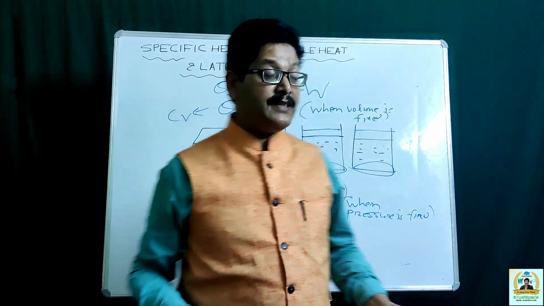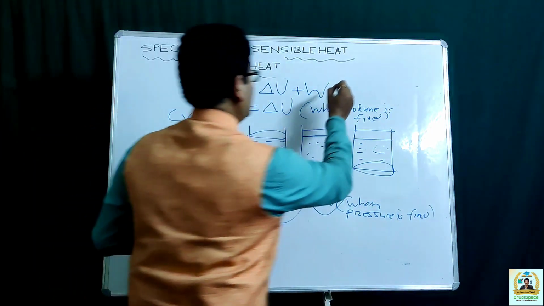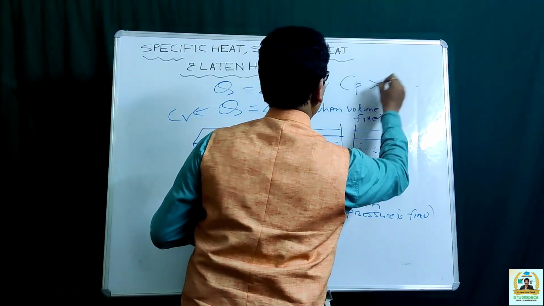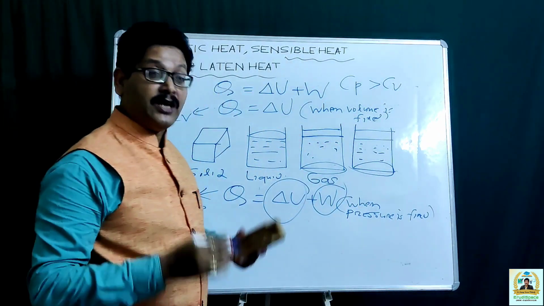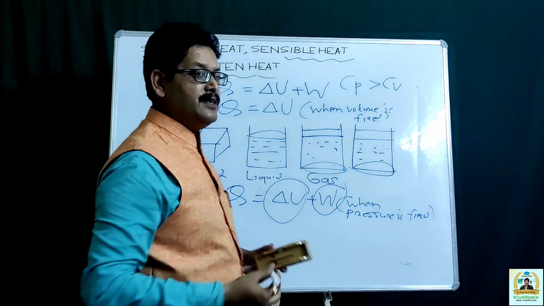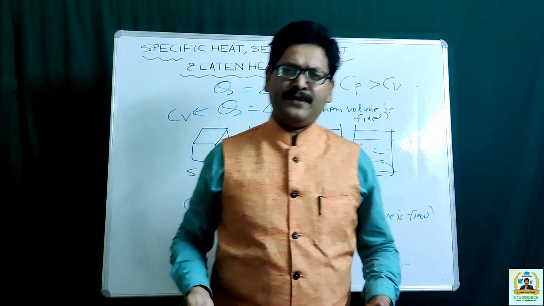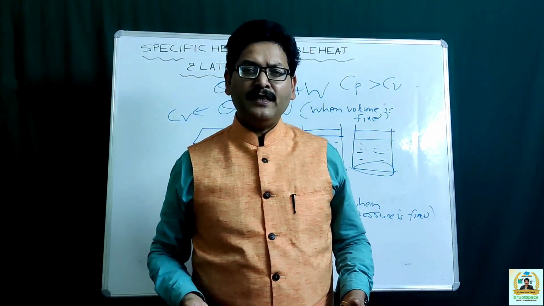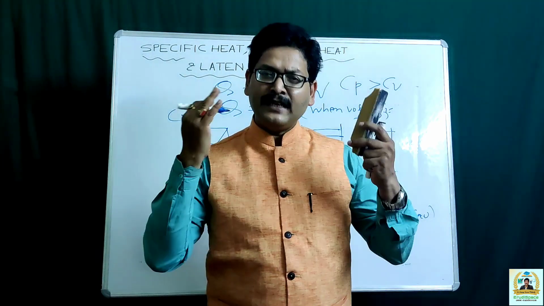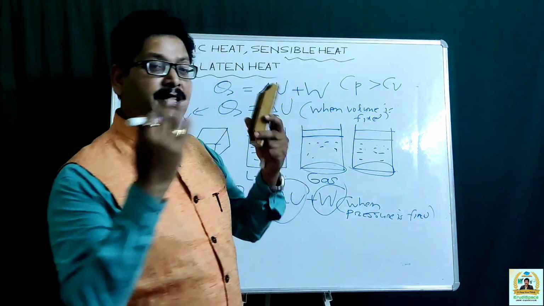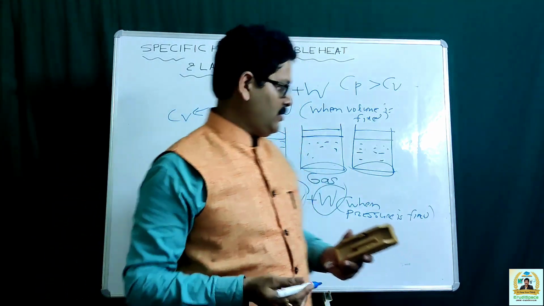And for that reason, CP is always greater than CV, because in this case almost the entire heat energy is stored as increase in internal energy, which brings about a rise in temperature.